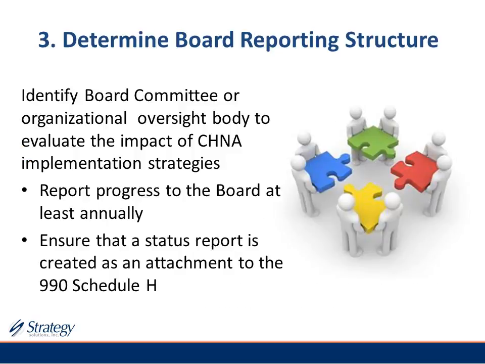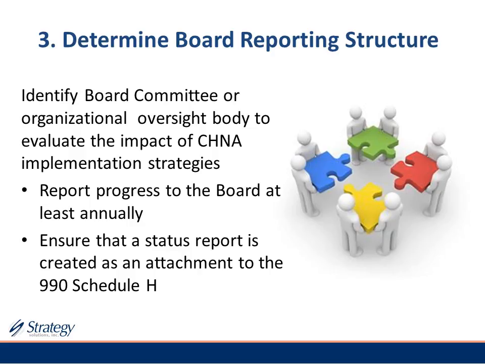You also want to think about the board reporting structure. We see lots of hospitals, health systems and health departments not really think about who they are reporting all of this to. It's an activity out there, but it's not really connected to the fabric of our strategy. You want to identify your board committee or your organizational oversight body, whether that's a committee or the board.